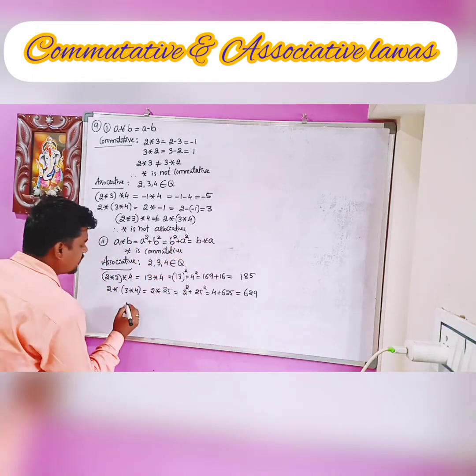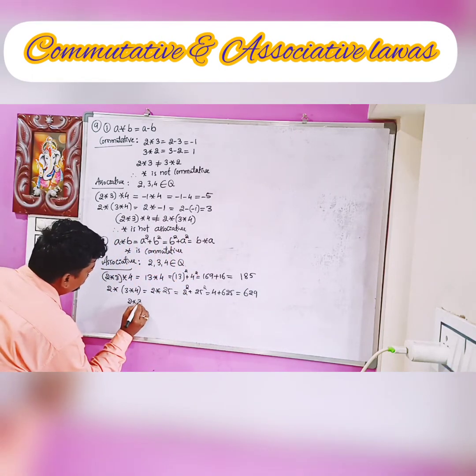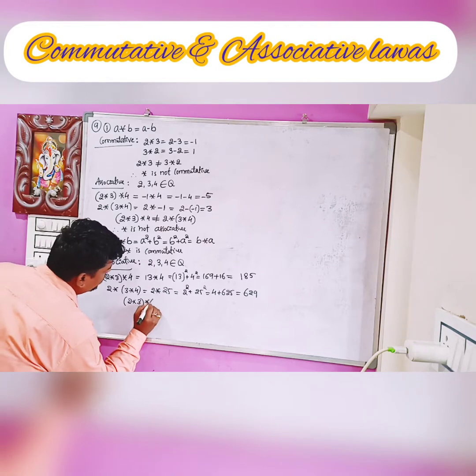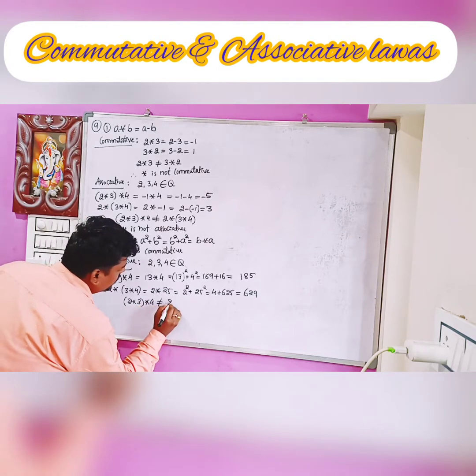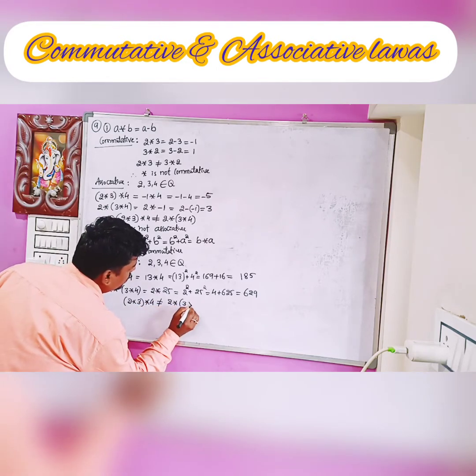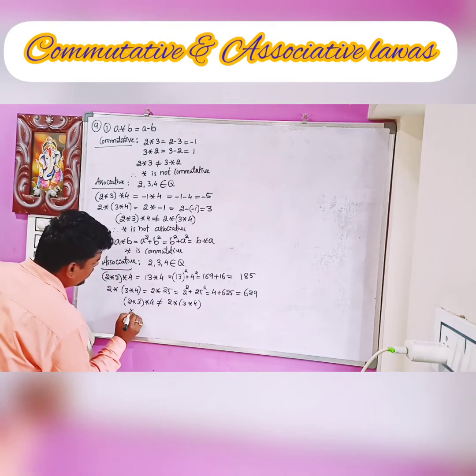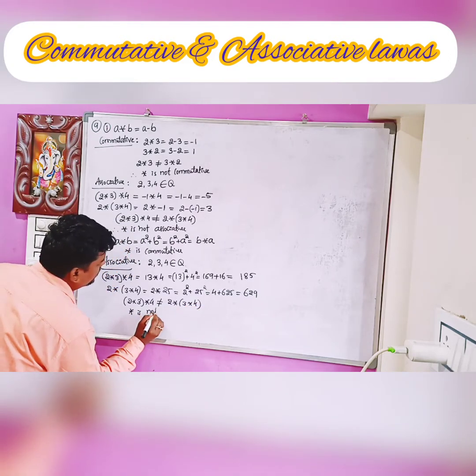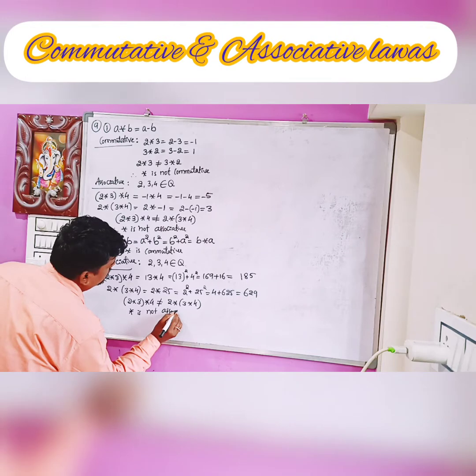They are not equal. So (2 star 3) star 4 is not equal to 2 star (3 star 4). This example is enough for saying that star is not associative.